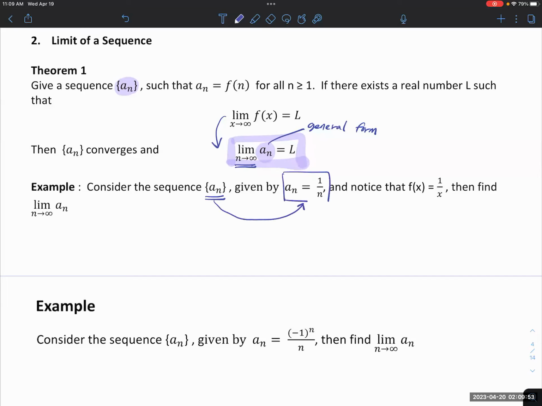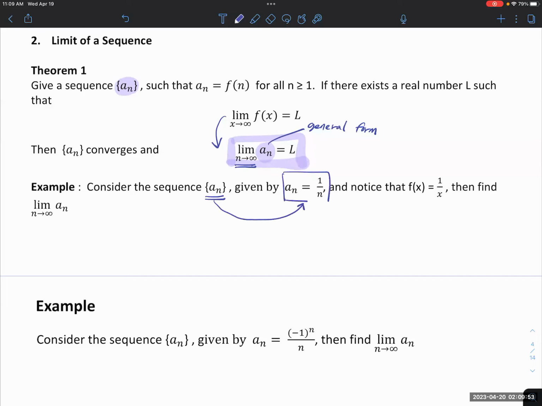If n is 2, a2 is 1 over 2. If n is 3, a3 is 1 over 3. So what does it mean? As n increases, 1, 2, 3, 4, 5, we start from 1 and then a half and 1 over 3. They're getting smaller, smaller, smaller.